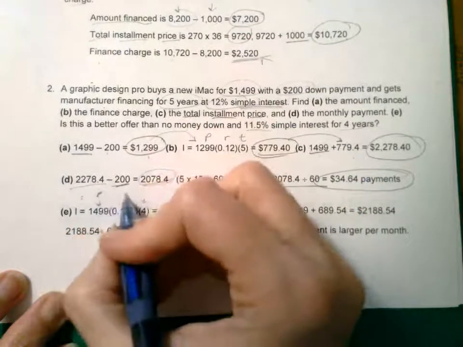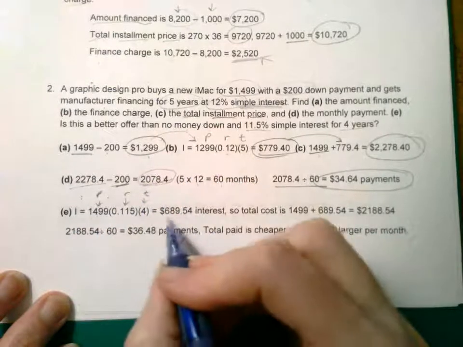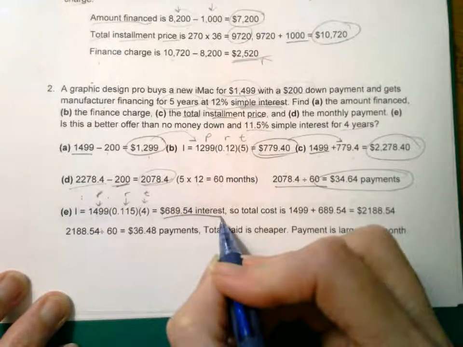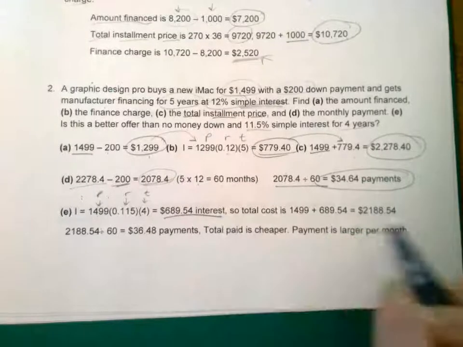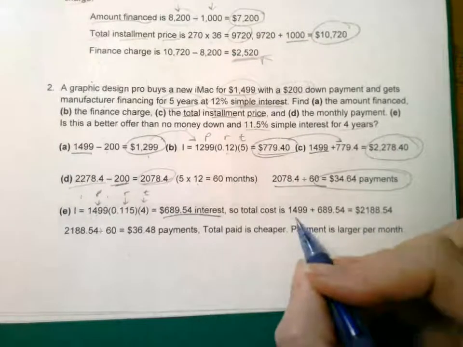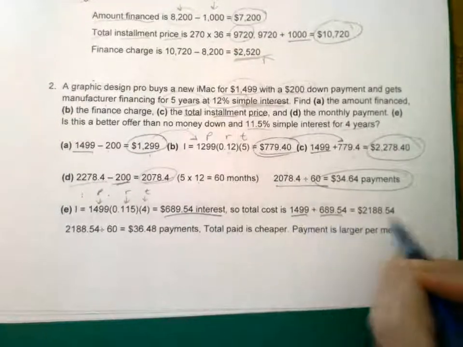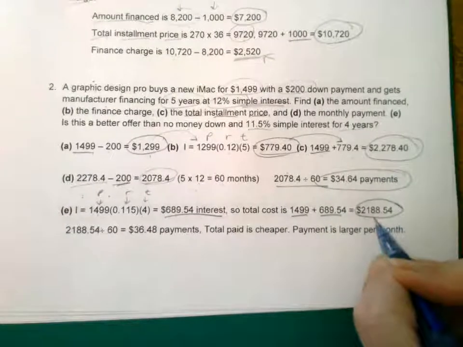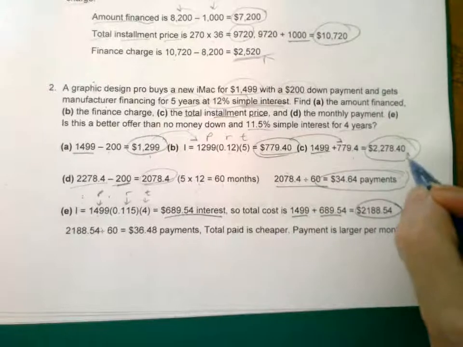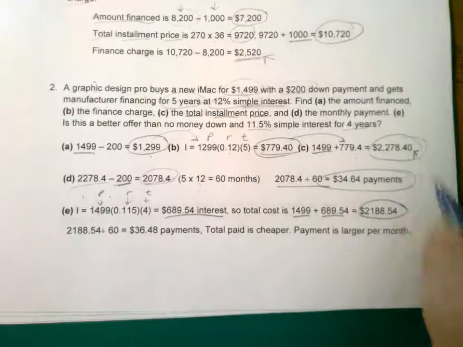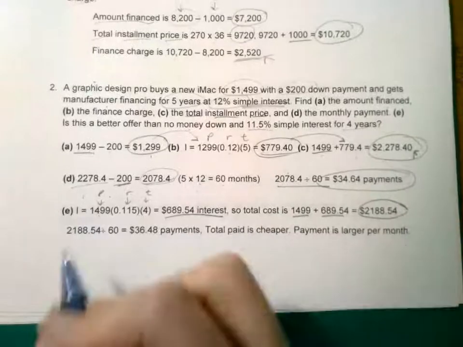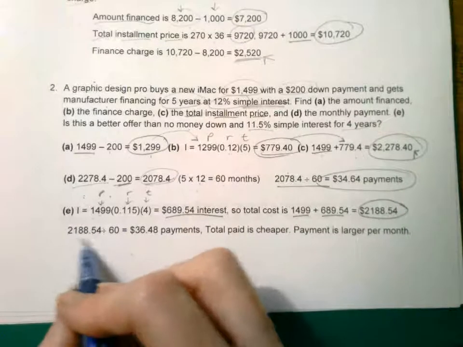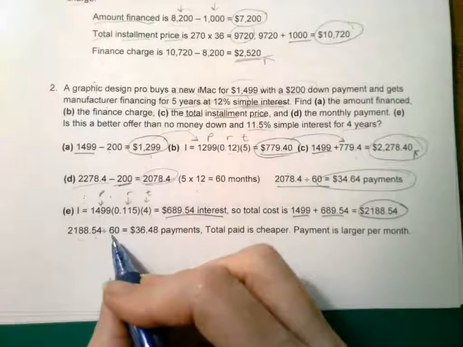New principal, new rate, new time. That's the amount of interest. The total cost is that plus the amount of interest. That's your new total cost, which is less than your total cost up here, by a few dollars. To find your payments, you have to pay that back.